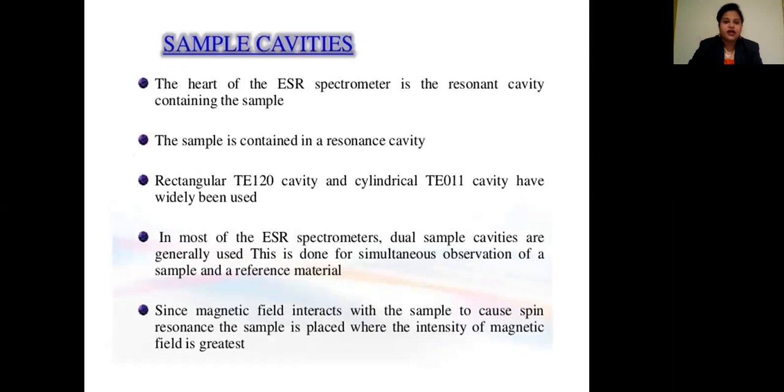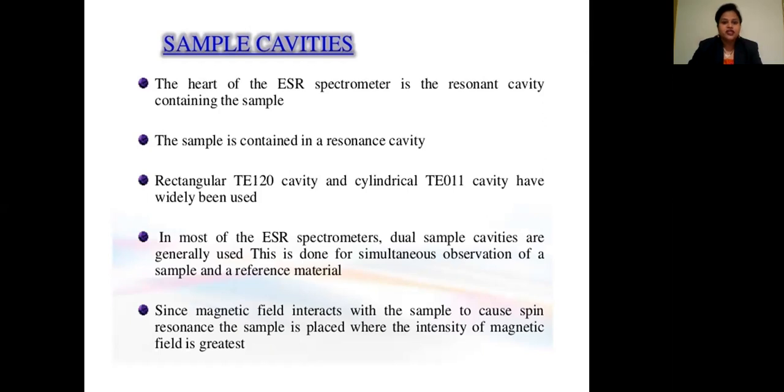Next important part of ESR spectrometer is sample cavity. The heart of ESR spectrometer is the resonant cavity containing the sample. The sample is contained in a resonance cavity. Rectangular TE120 cavity and cylindrical TE011 cavity have widely been used.